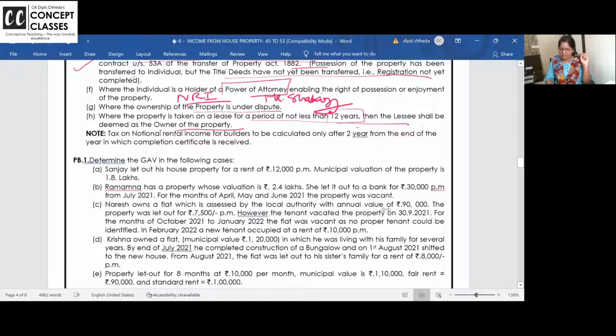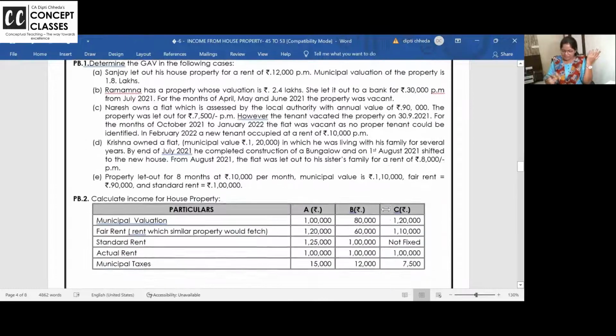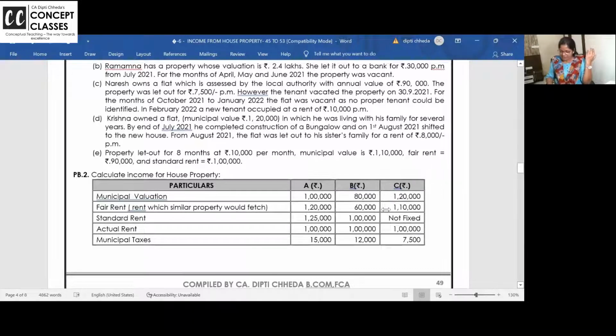Tax on notional rental income for builders is to be calculated only after 2 years. This I told you. If the builder is constructing the house and it is not occupied for 2 years, vacant property, no income. After that, income will be there. Yes, I am sharing all the booster notes. I concentrated, dear students, more on the little theory.